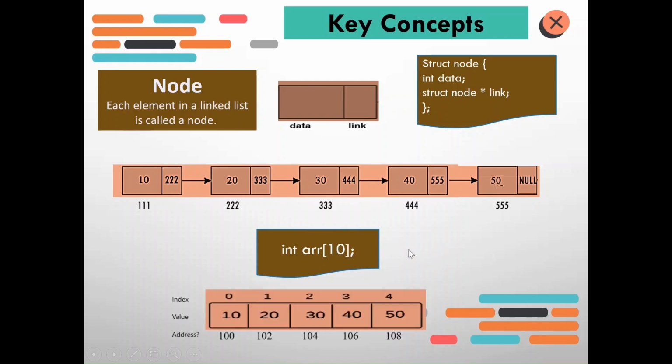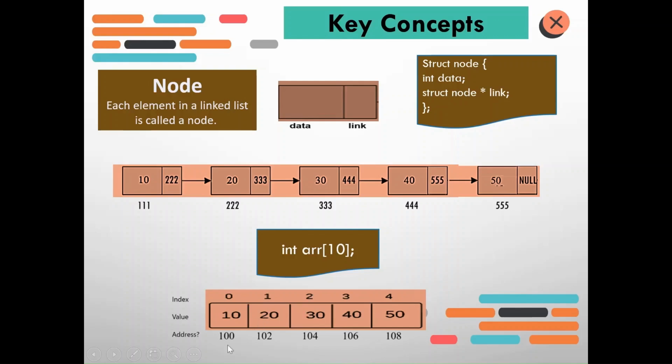If I can draw it, I have taken here an array with 5 elements: 10, 20, 30, 40, and 50. As you may be aware, the individual array elements are accessed using a unique number which is known as the index. Index starts from 0. So the 0th cell would be this, this would be 1, this would be 2, this would be 3, and the process will go on.